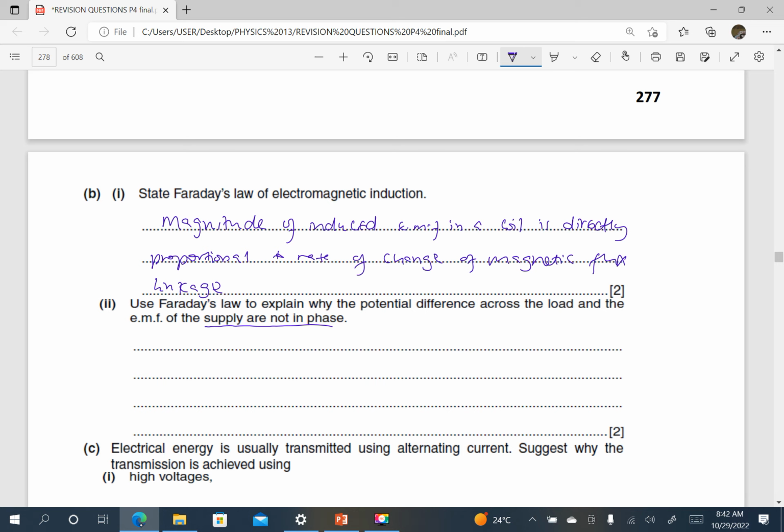So the magnetic flux in the primary coil or in the core is always in phase and proportional to the current in the primary or the EMF in the primary.